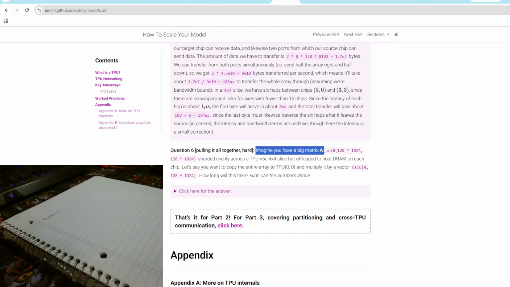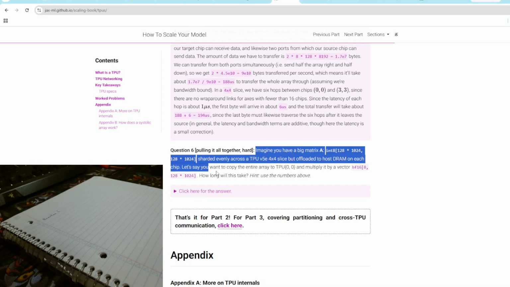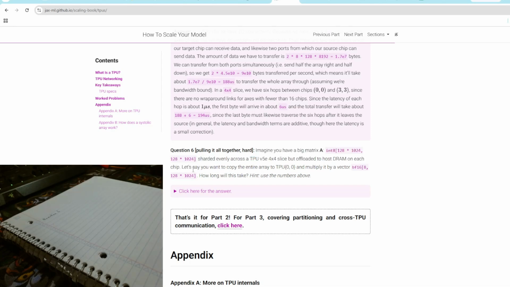Imagine you have a big matrix A, int8, sharded evenly across a TPU v5e 4x4 slice, but offloaded to host DRAM on each chip. Let's say you want to copy the entire array to TPU 0,0 and multiply by a factor of that. How long will this take? Oh Lord.